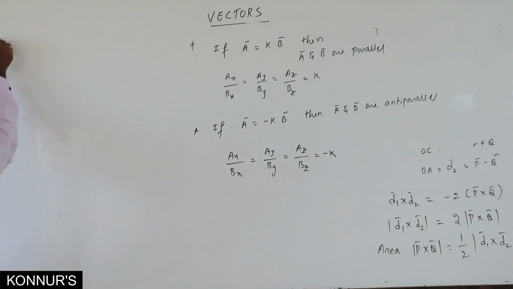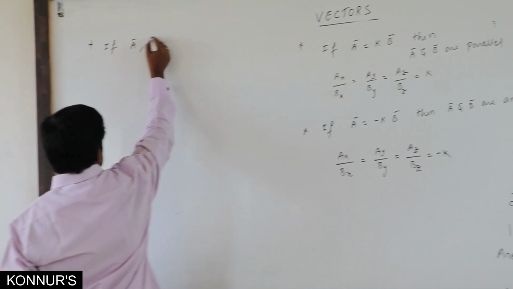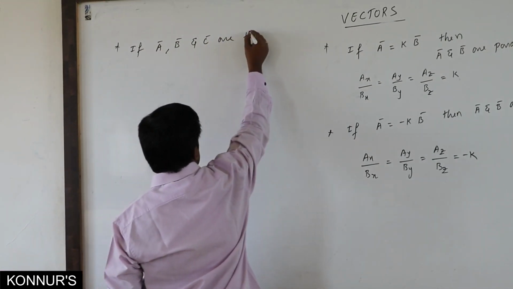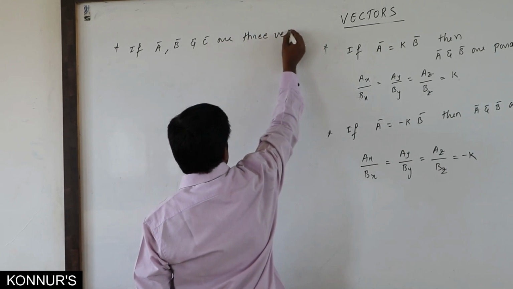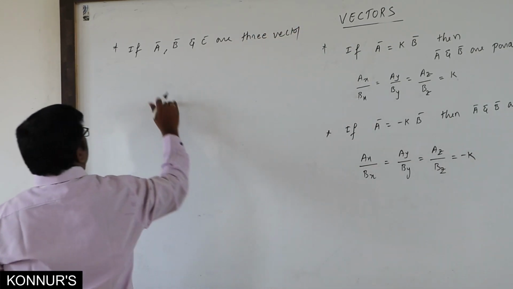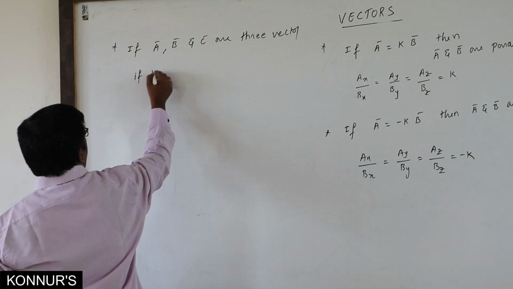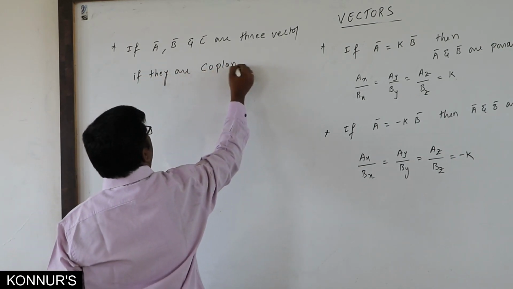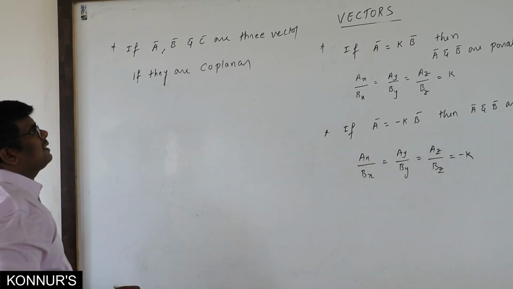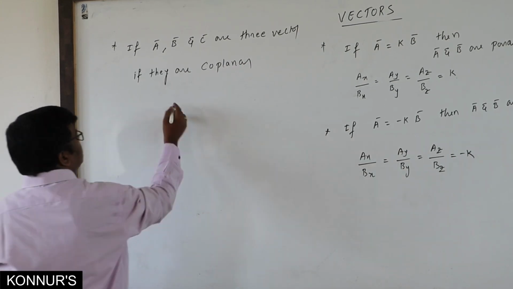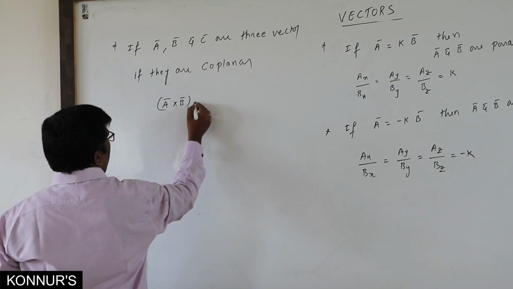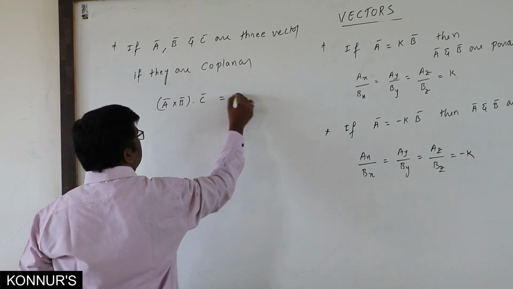If A bar, B bar and C bar are the three vectors given, they are coplanar if the scalar triple product, A bar cross B bar dot C bar, is equal to 0.